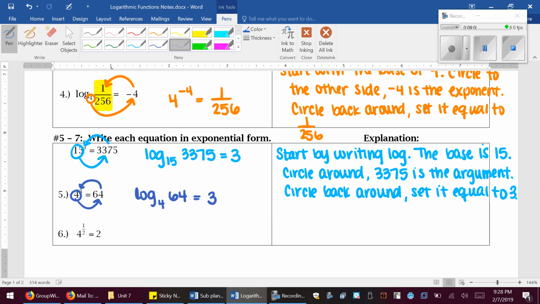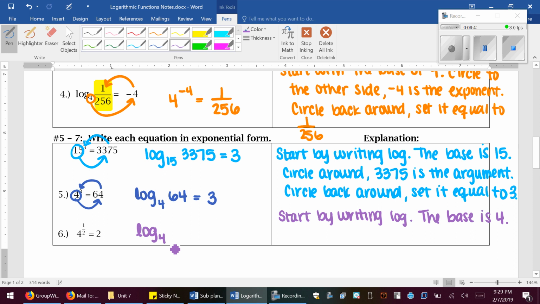So one more time, pause the video, try the last one on your own, then unpause it and see if your answer is correct. Start by writing log. The base is 4.